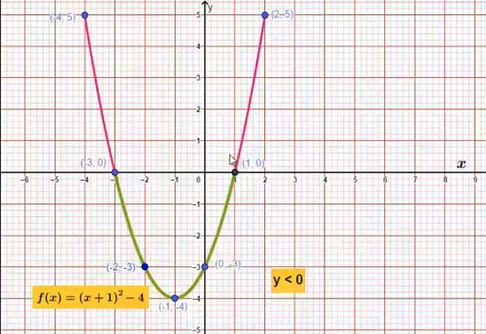Before I answer some questions on this graph you see on the screen, the graph of the function f of x equals (x + 1) squared minus 4.